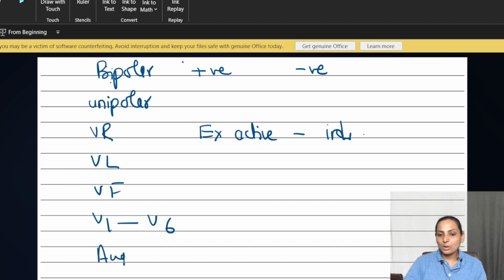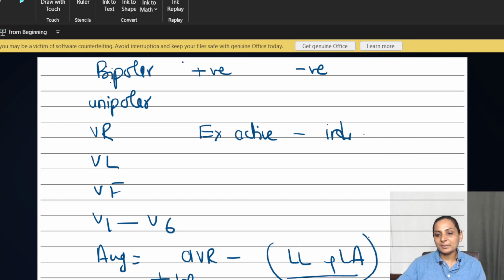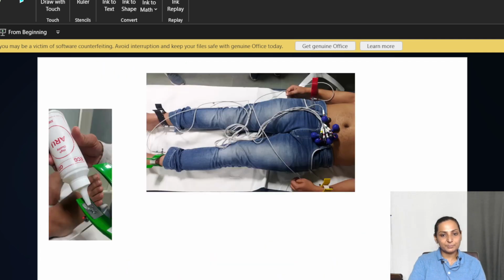In case of augmentation, suppose it is the right arm, so it is AVR, minus the sum of the two, that is the left leg and the left arm. So this is behaving as the positive terminal, this is behaving as the negative terminal. So it is very important to understand the basics at the level of first prof.